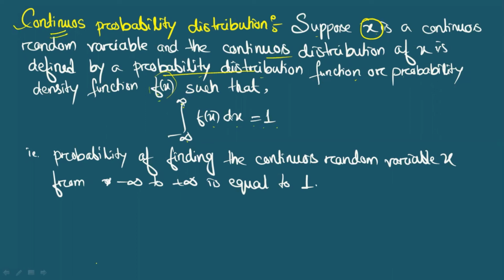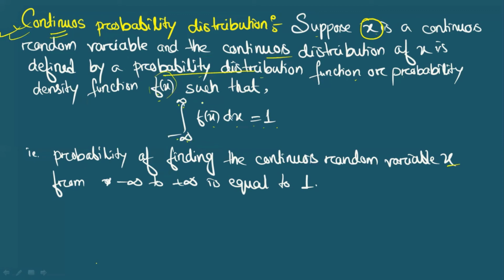So how you will get it? When you integrate, since it is continuous, you are using the integration between minus infinity to plus infinity, and it is equal to 1. You can say the probability of finding the continuous random variable x from minus infinity to plus infinity is equal to 1. So this is what the continuous probability distribution is.